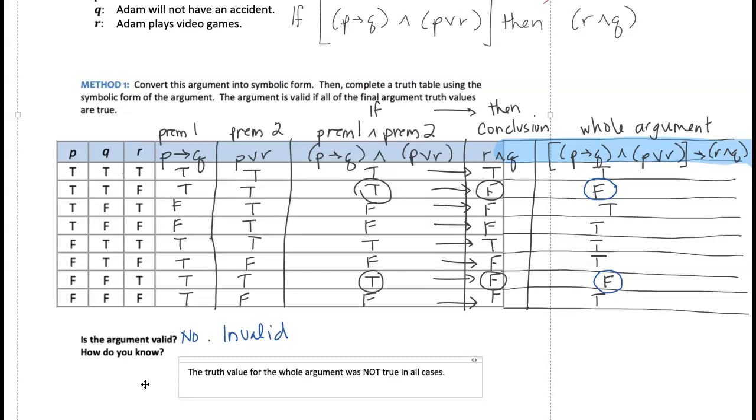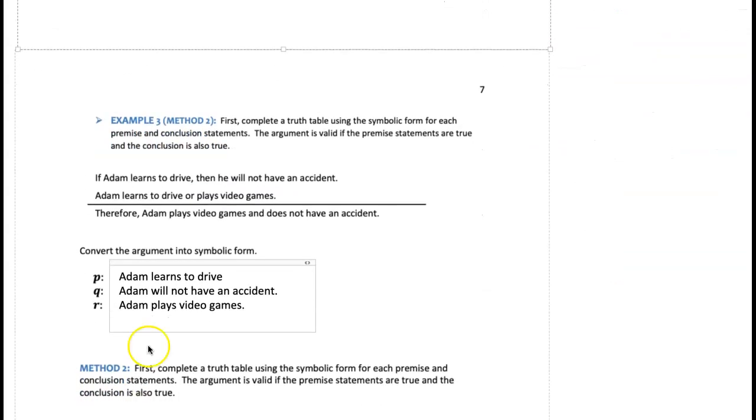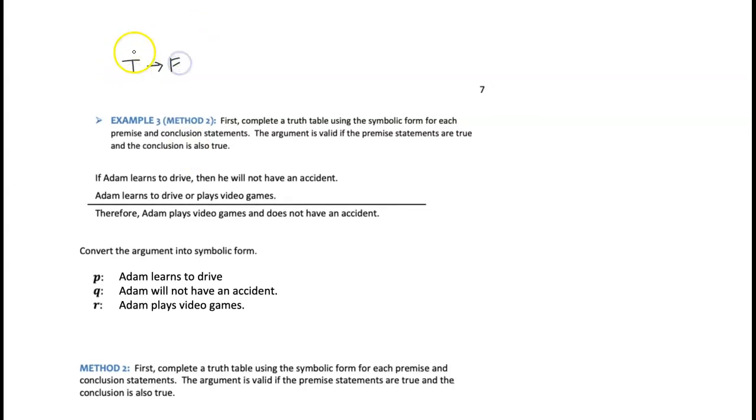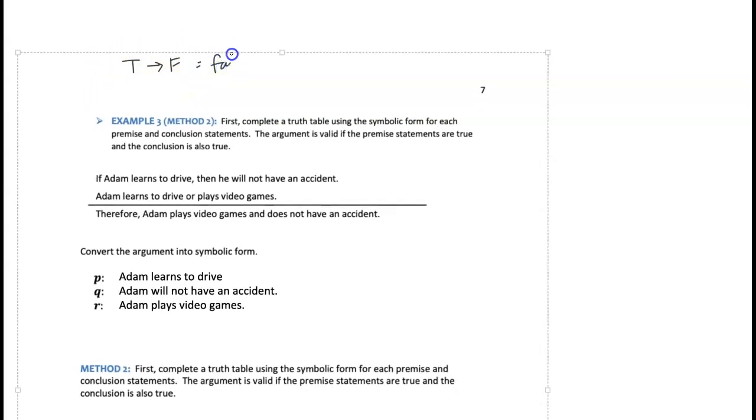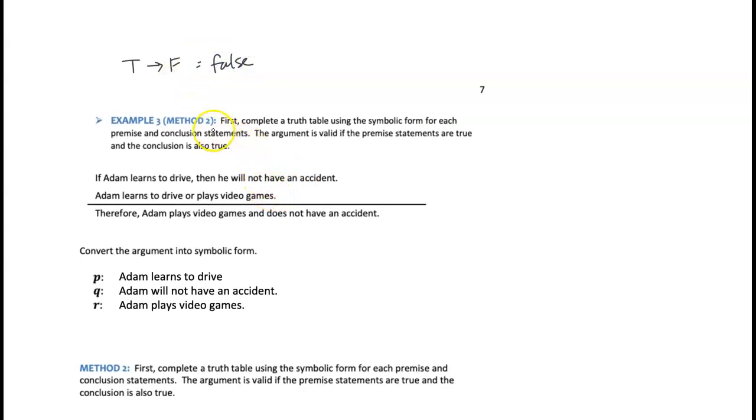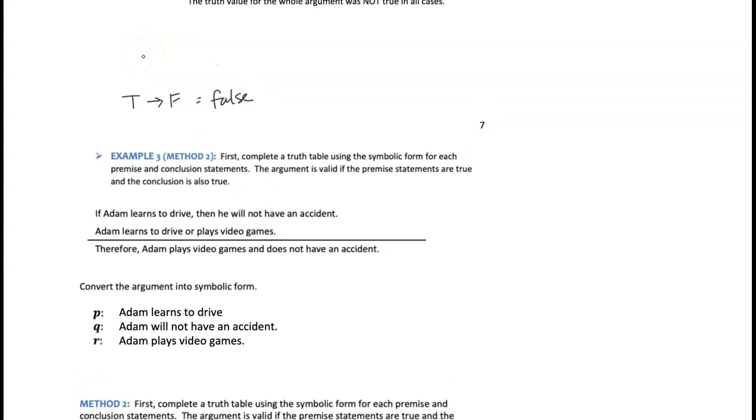Let's use method 2 with this same argument. In method 2, recall that we're using the idea that in all cases other than a true antecedent and a false consequent, we end up with a true truth value. So if we have true implies true, that gives us a true truth value.